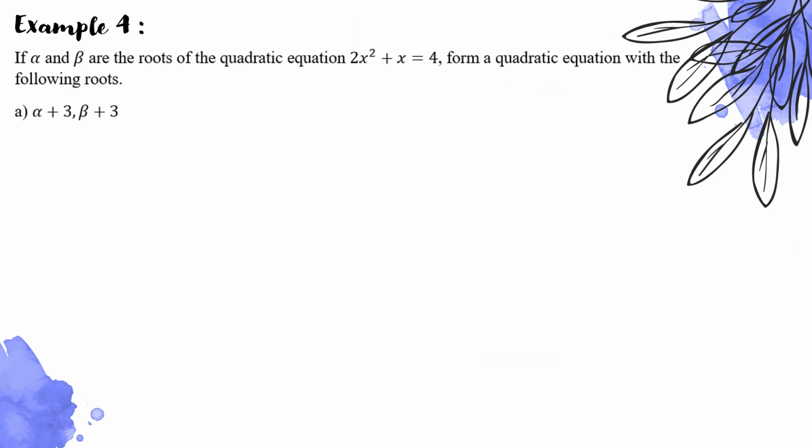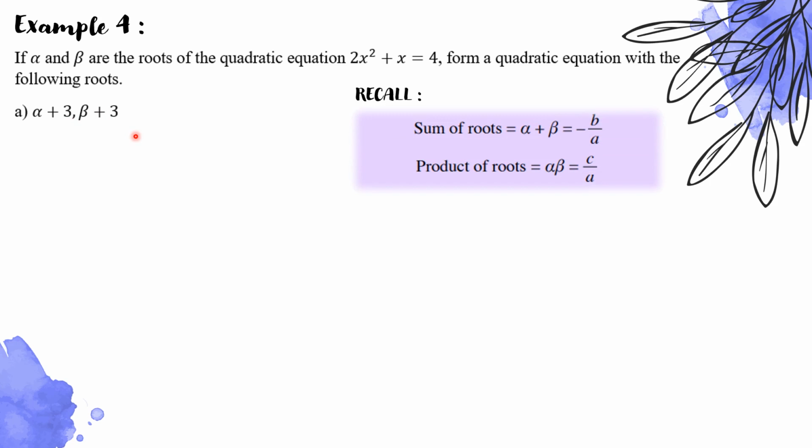Still in forming quadratic equations. Example 4. If alpha and beta are the roots of the quadratic equation 2x squared plus x equal to 4, you need to form a new quadratic equation with the following roots: alpha plus 3 and beta plus 3. Recall that the sum of roots, alpha plus beta, is negative b over a, and the product of roots is c over a.